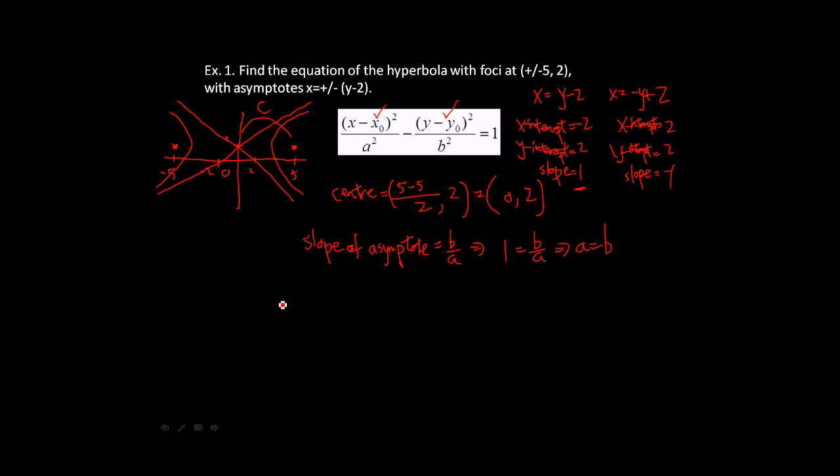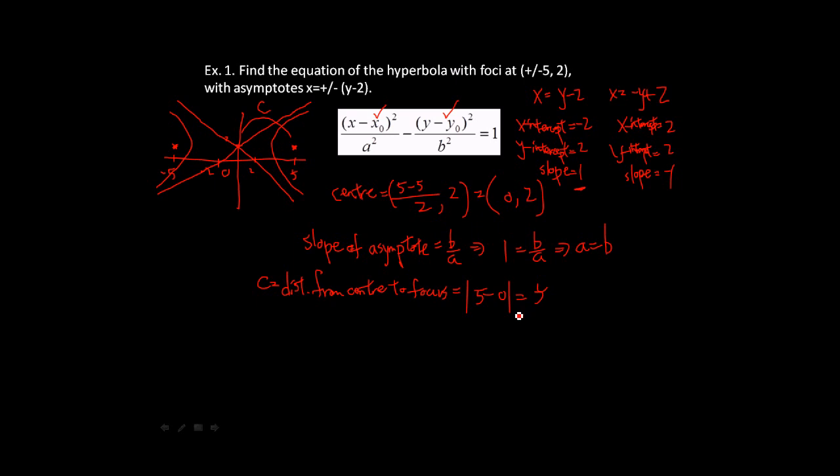Alright, so c equals to the distance from center to focus, or one of the focus point, which is equal to the absolute value of 5 minus the x-coordinate of the center, 0, which is 5. Okay, so we have c equal to 5.